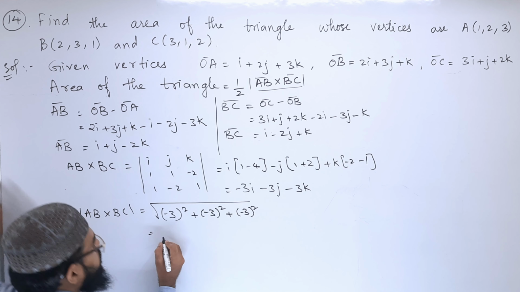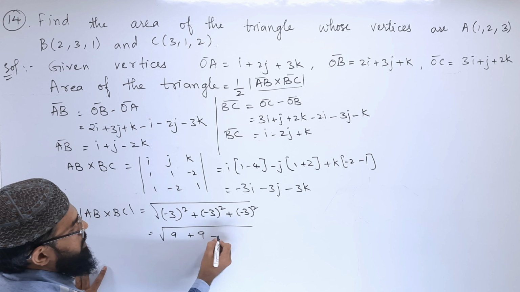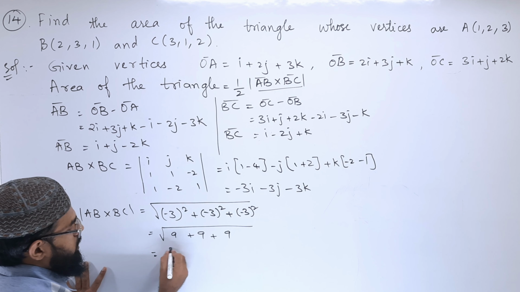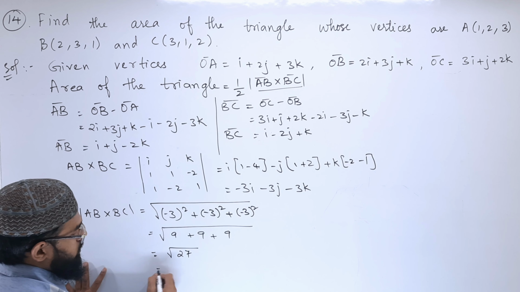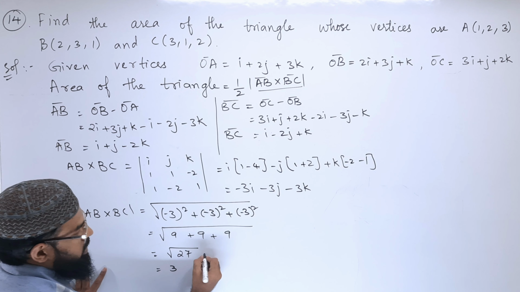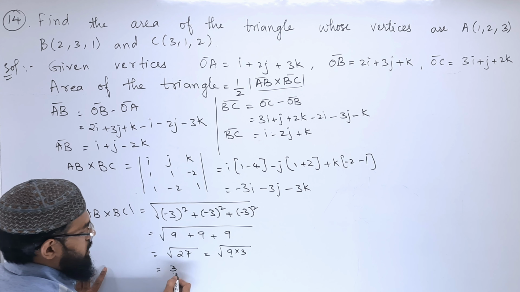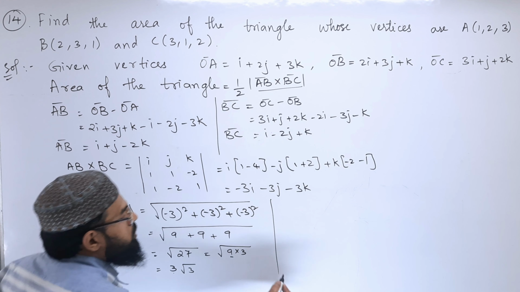So minus 3 square is 9, 9, 9. So 9 plus 9 plus 9 is root of 27. If we write this, we can write 9 times 3. Square root of 9 is 3. So 3 root 3.